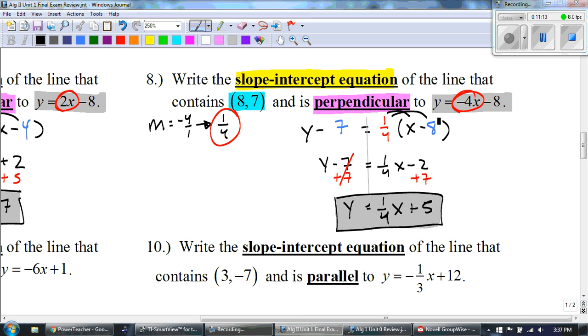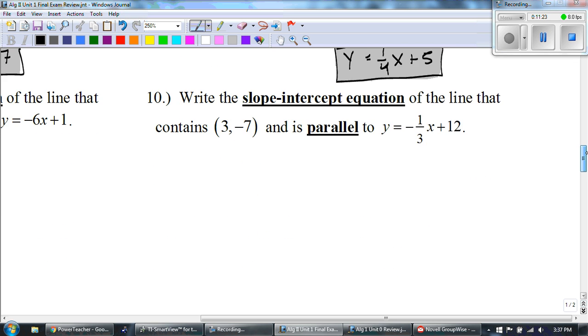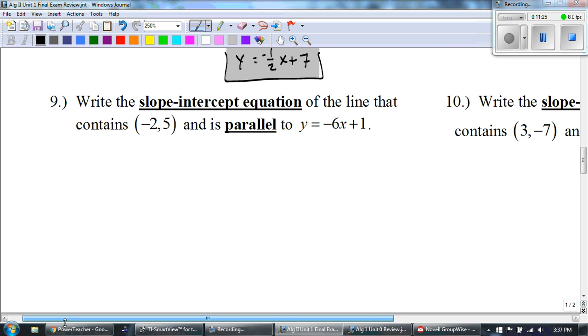Okay, so we had to distribute the 1/4 and then add the 7 to both sides, so we get y equals 1/4 x plus 5. Okay, so the next one, once again, it's asking for slope-intercept. They gave us a point, but this time they want parallel. And when it's parallel, I want the same slope, okay?